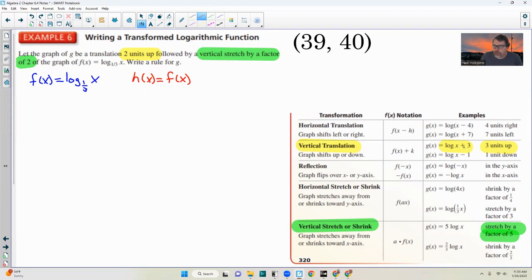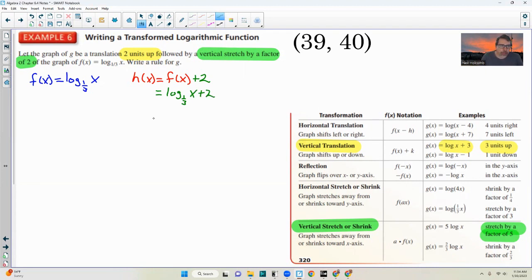Vertical translation 2 units up: we take the function f of x and add 2 to it. So it's f of x plus 2. This is just the first step, 2 units up. Then I substitute in my f of x, which was log base 1/3 of x, and now it's plus 2.